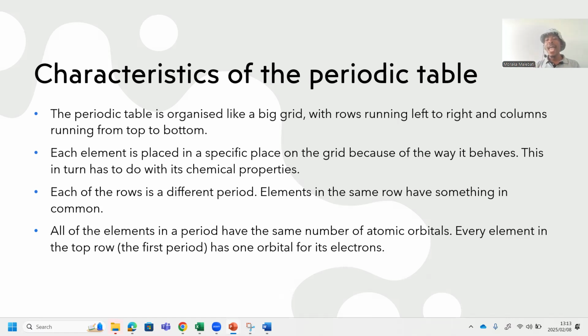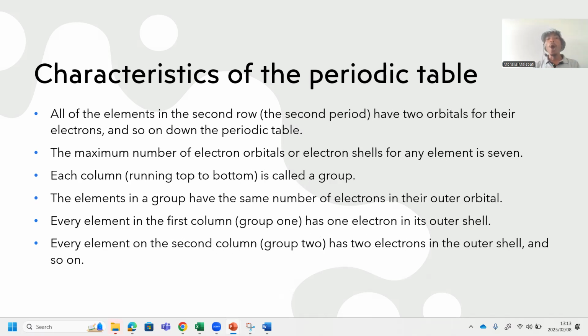Every element in the top row, the first period, has one orbital for its electrons. I've already explained that. All of the elements in the second row have two electron shells.